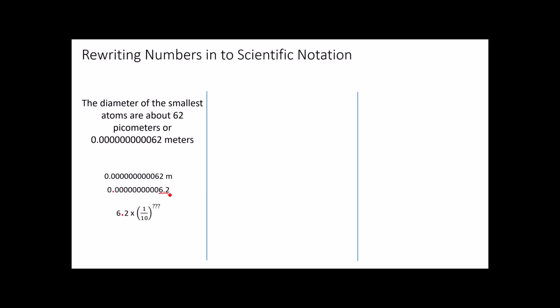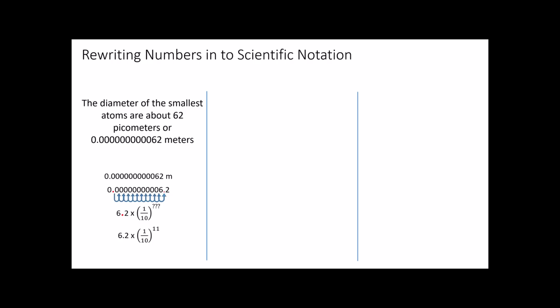Remember, multiplying by 10 would make this number bigger. Multiplying by 1/10 would make it smaller. How many 1/10ths do I need in order for these two to be equivalent? Well, I need to move the decimal 1, 2, 3, 4, 5, 6, 7, 8, 9, 10, 11. I'm going to need 11 1/10ths in order to make this into the same value.